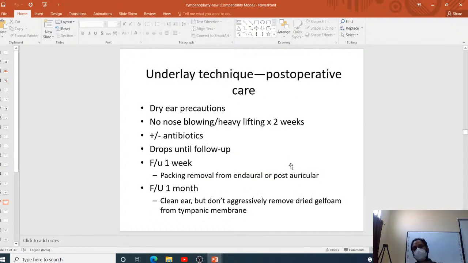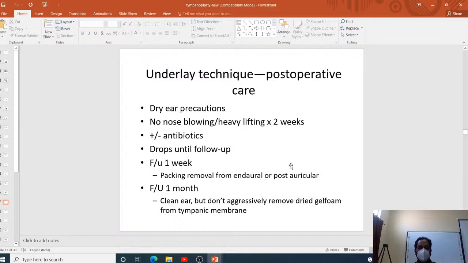For any underlay technique or overlay technique, there are some post-operative care things that a patient should take care of. That is, the ear should be dry. It should not become wet. The patient should not go swimming, or have the ears open while having a bath. He should place cotton plugs in the ear before going to bath.